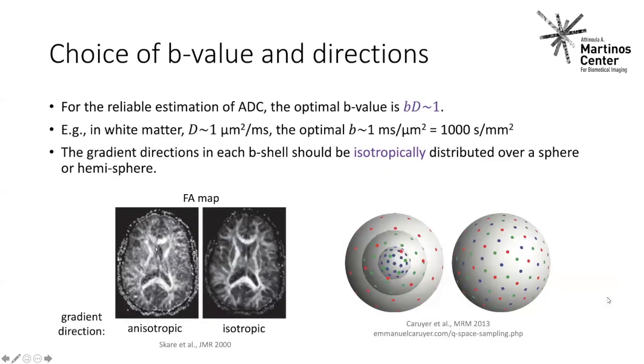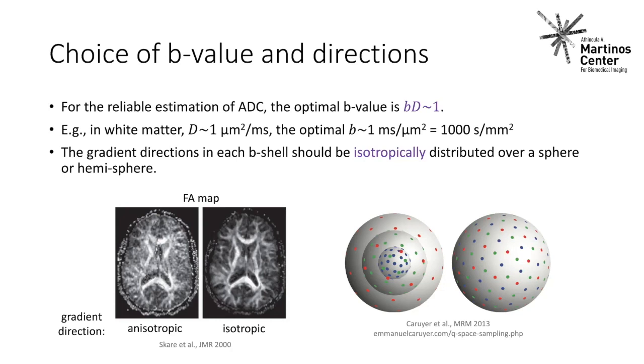Okay, then another thing is the choice of b-value and directions. For reliable estimation of ADC, the optimal b-value is about b times D around 1. For example, in white matter, if diffusivity is 1 micrometer squared per millisecond, the optimal b-value is about 1 millisecond per micrometer squared.